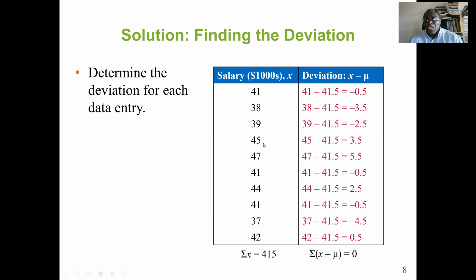When you subtract the mean from each value and add them all, you get 0, because some of the values are less than the mean and some are greater, so they cancel each other out. This is the reason why, when we are looking for variance or standard deviation, we also subtract the mean from each value, but we square so that we get rid of the negative values. We square before we add everything. So the total deviation is always 0.